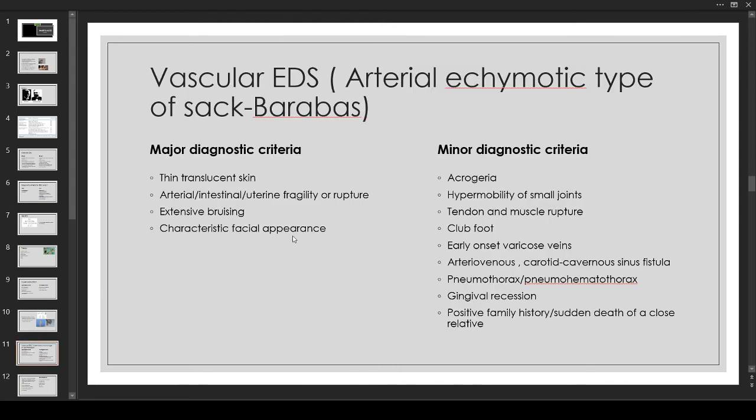Now, moving on to the fourth type. It is called vascular EDS, or arterial ecchymotic type of Sack-Barbas. It is the most dangerous of all due to the complications it can create. It is majorly due to hemorrhage, basically.